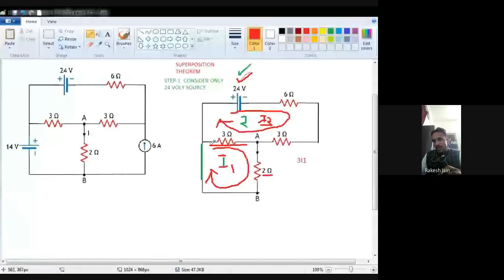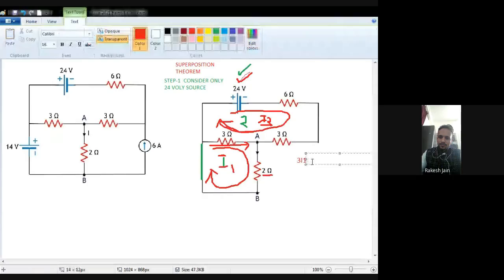Now I have to find out the current through this 2 ohm resistor. With the help of mesh analysis we can easily find it. There are two closed loops, one is this one and the second one is this one. So how to solve with mesh analysis? Just direct the currents in the same direction.